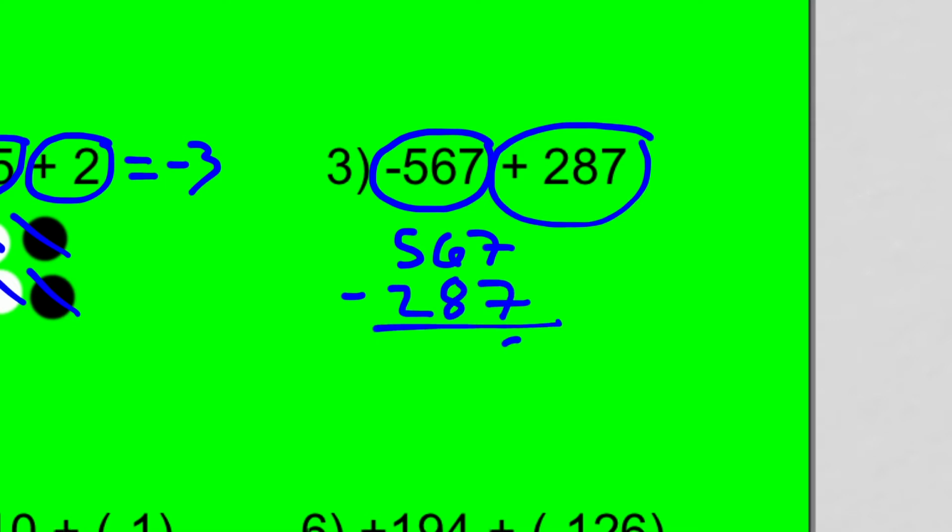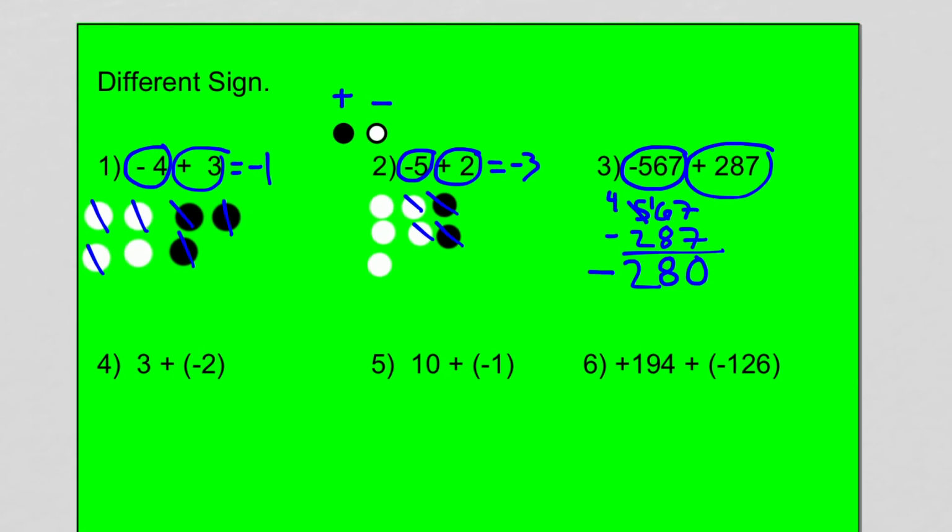Okay, 7 take away 7 is 0. 6 take away 8, I'm going to borrow from the 5, make this 4, make this 16. And 16 minus 8 is 8. And 4 minus 2 is 2. Now since I have more negatives, the answer is negative. So if I have two integers and their signs are different, I'm going to subtract them. And if I have more negatives, the answer is negative.